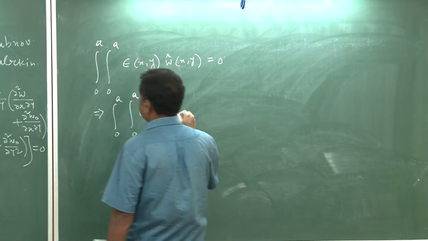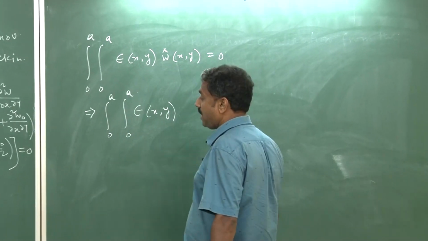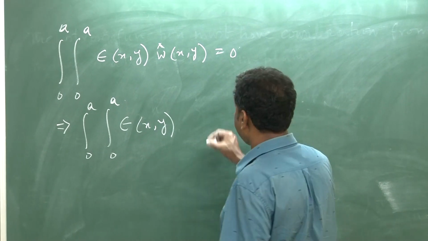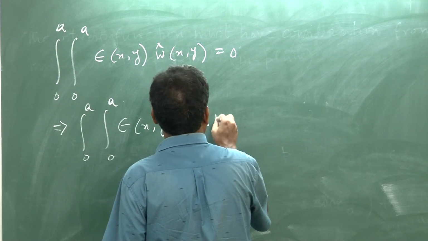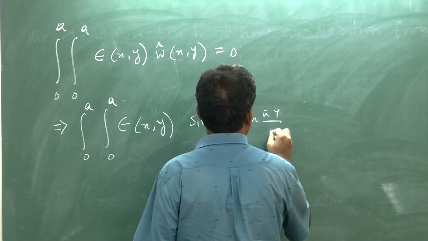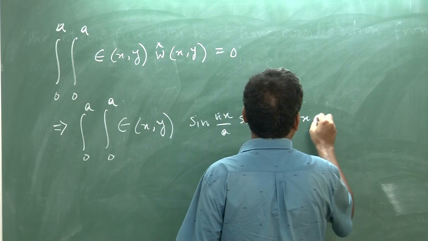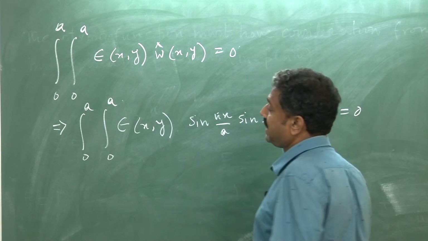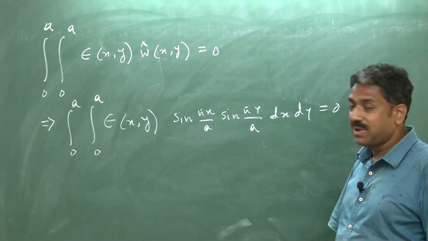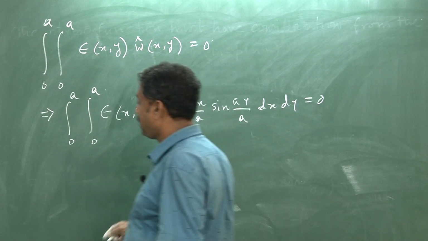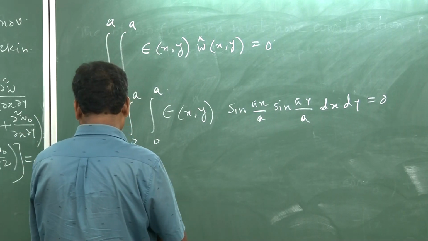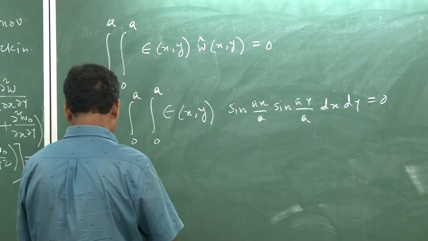It is better to do it using Maple or MATLAB, using symbolic computation. So, sin pi x by a, sin pi y by a dx dy must be equal to 0. That is one equation, and from here if you simplify, you will get the equation.